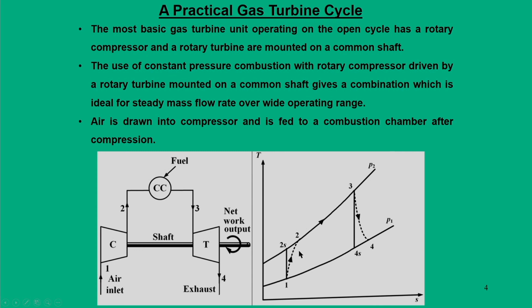The practical cycle involves component efficiencies for the compressor and turbine, and this part we will debate in subsequent lectures. First, we will consider the ideal cycle, that is 1, 2s, 3 and 4s.